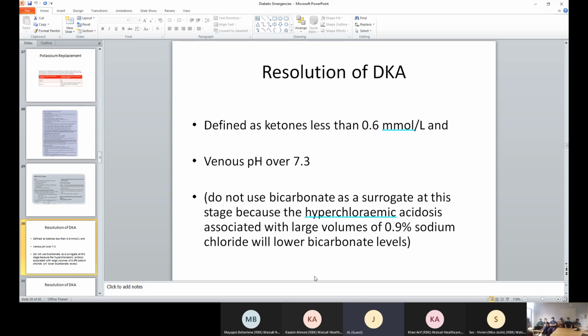So when the resolution of DKA happens and the patient is able to eat and drink normally, what will you do? Back on the normal insulin. If we have already given the long-acting insulin, that's where it helps you, even if it is midnight.